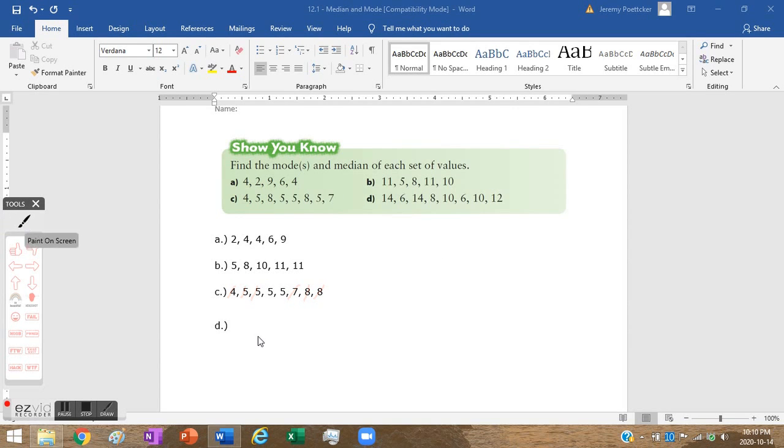All right, that takes us on to the very last one here. All right, so we've got 6 and another 6 and an 8 and a 10 and a 12 and a 14 and another 14.